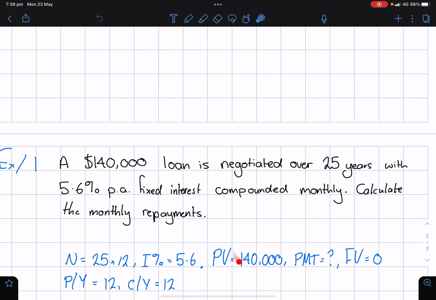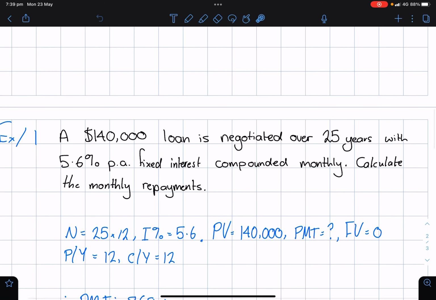Our PV is the amount of the loan, positive. We're trying to find our monthly repayments, so PMT, and we want a final value of $0 because we don't want to owe any more money. P/Y and C/Y are your compounding periods per year, so 12 and 12.